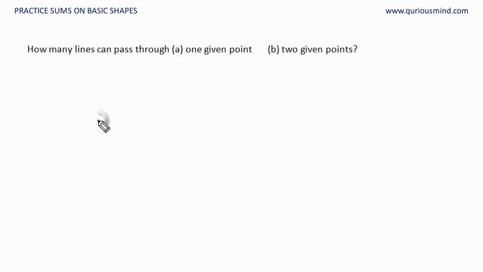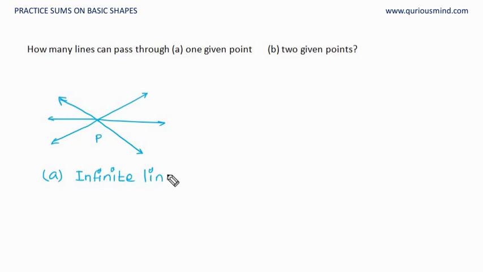So I have a point, let's say I call it P. Now I can draw this line through P. I can draw this line through P. I can draw one more line through P. I can continue to draw many lines through point P. So the answer for my A is I can draw infinite lines through point P, as many as I want.